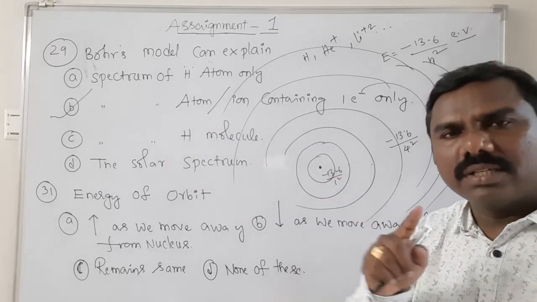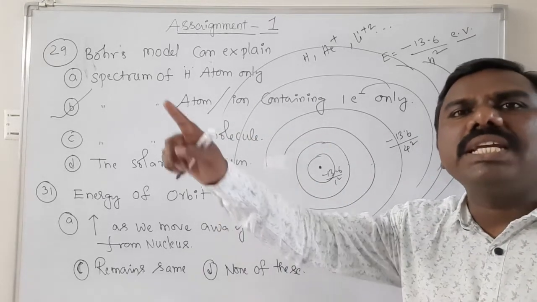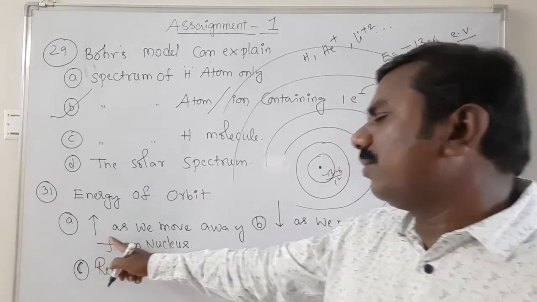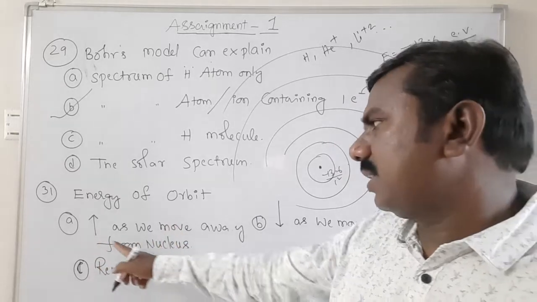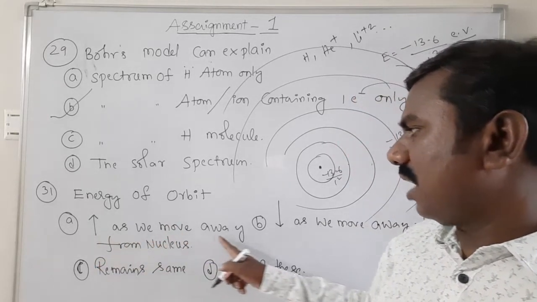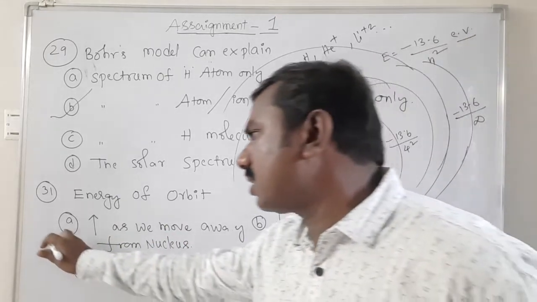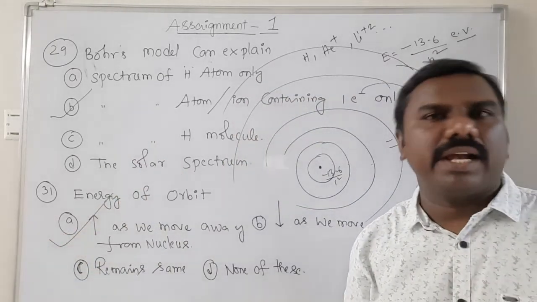Negative to 0 in the sense that the energy of the electron increases. Getting, students? So as we move away from the nucleus, energy increases. The answer will be option A, correct. Right?